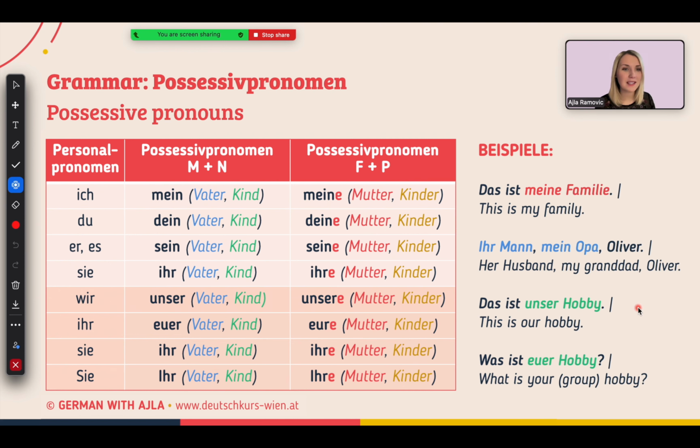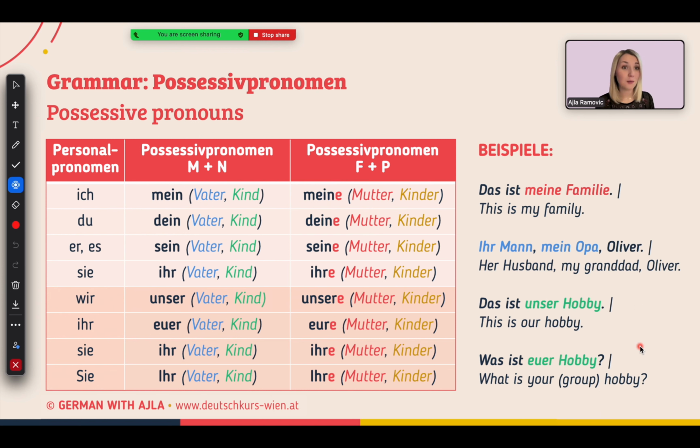Third example is das ist unser Hobby. This is our hobby. Hobby is a neutral noun. Das Hobby. So again, we do not need ending e. We would just say unser Hobby. Our hobby.